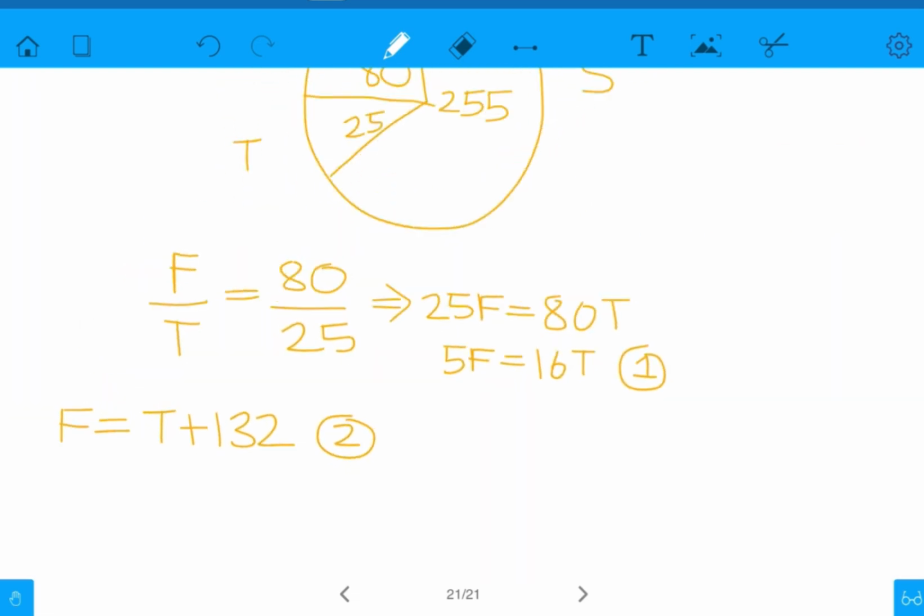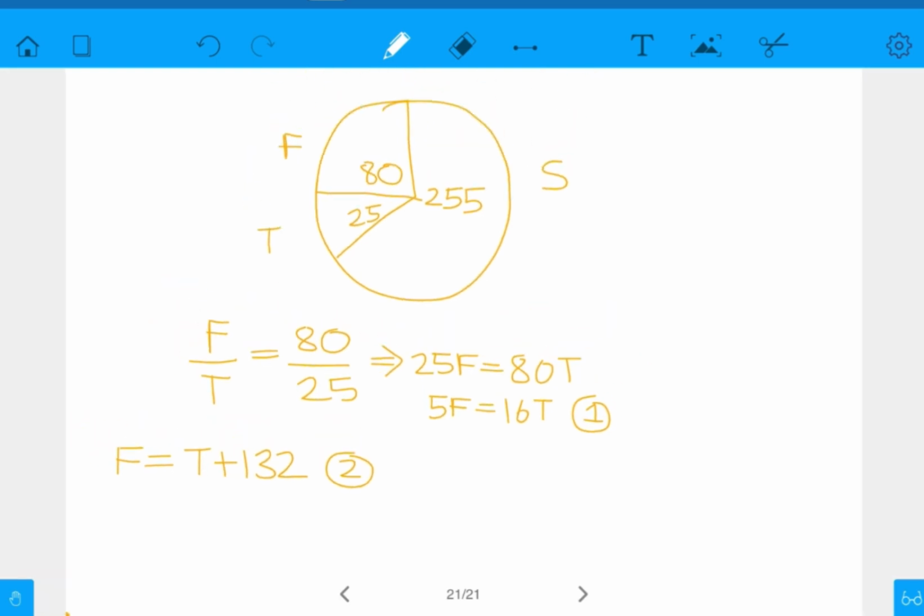To work out the value of S, we first need to know the value of F or T, and then we can use the rule of proportions to work out the value of S. As long as we know what the value of F or T is, because we know the relative values of S, F, and T relative to each other based on the angles, we can then scale up accordingly and then work out the value of S.